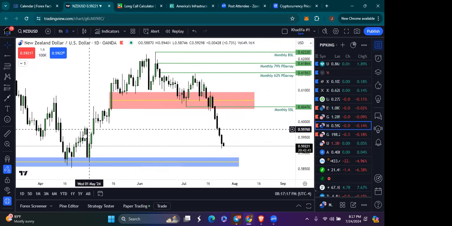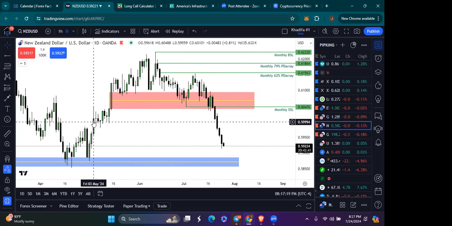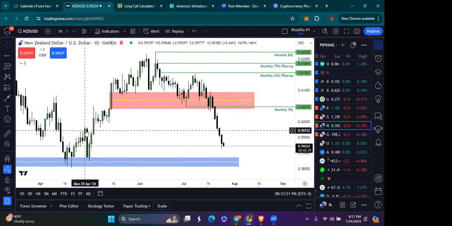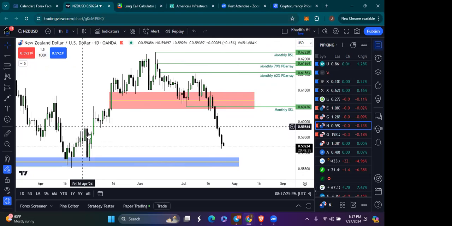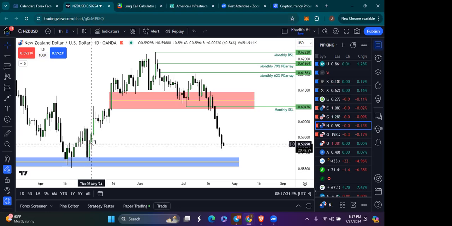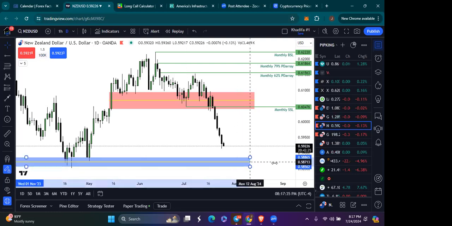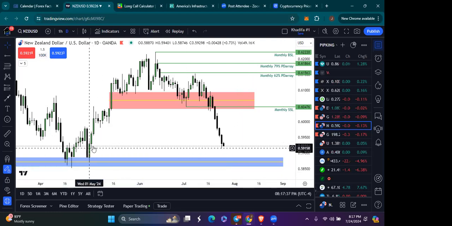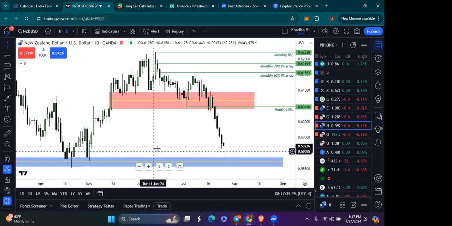For NZD USD, I wanted to see us come down into this imbalance, right? Retesting the top of this breaker block, this swing high right here. But as you can see, NZD USD has dropped below that down into this imbalance. So we'll see how price reacts to the imbalance that it's sitting inside of now.